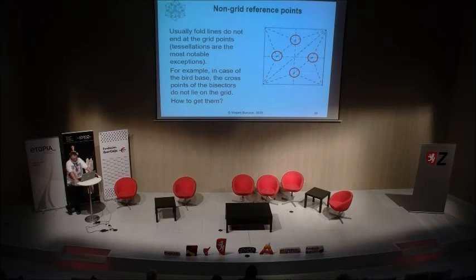Non-grid reference points. It's quite usual that we need them. Usually we start with the grid, but sooner or later, usually sooner, we need lines that do not lie on the square or triangle grid, whatever we use.